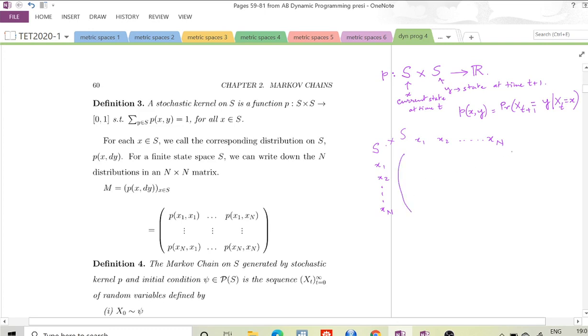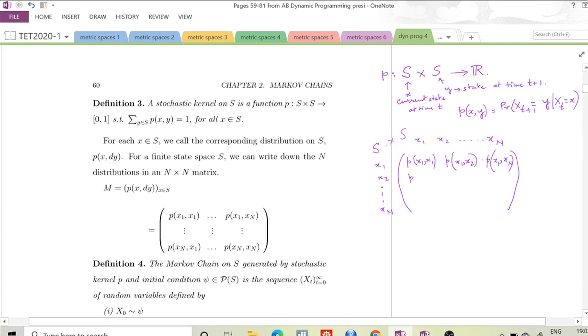And then in this grid or this matrix here, I can say that the first entry is the probability that the state tomorrow is x1, given that it is x1 today. The second entry is the probability that the state is x2, given that it's x1 today. All the way to the probability that the state is xn tomorrow, given that it's x1 today.